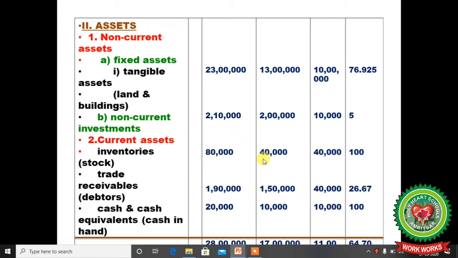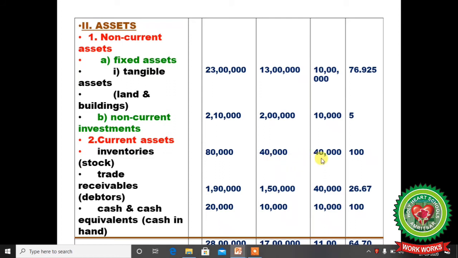The next one, assets. See, compare fixed assets. This year 23 lakh, previous 13 lakh, meaning this year is more as compared to last year. The absolute change here is 10 lakh and the percentage change is 76.92. And under non-current investments, first of all land and building 2 lakh 10,000 and 2 lakh. The difference is 10,000, a 5% change. Now inventories: 80,000, previously 40,000.